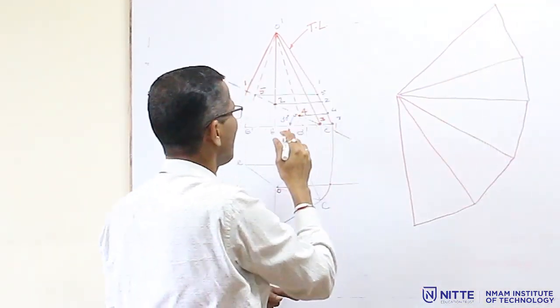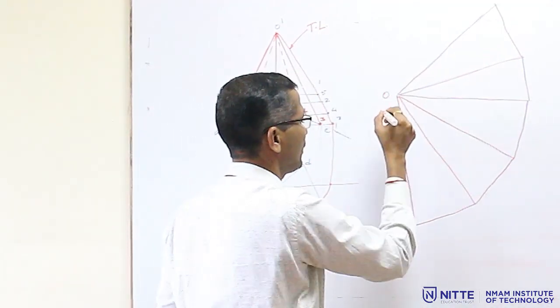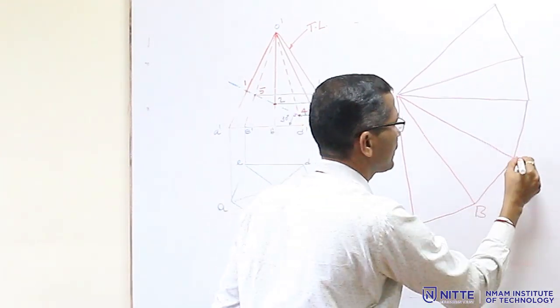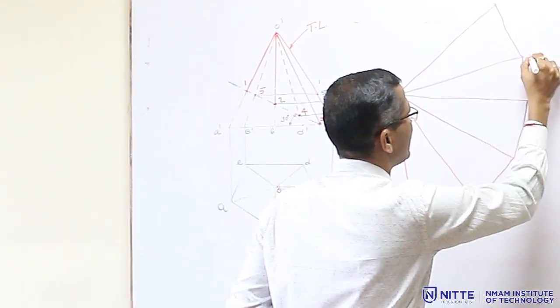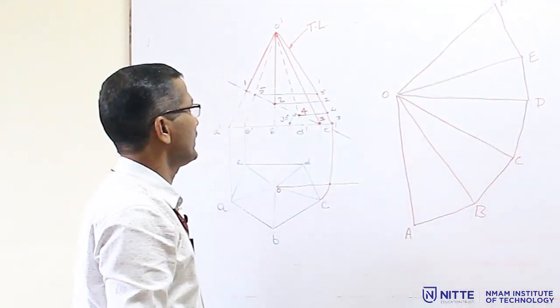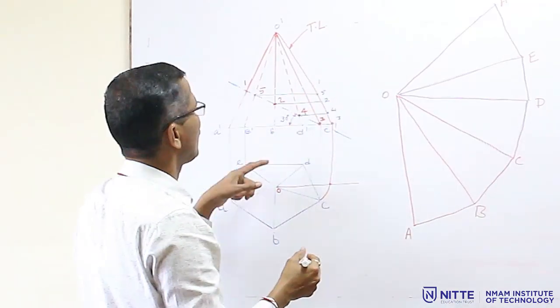Actually, it is the section one, so you have to mark the section points. For that marking, you have to give the names. This is A, B, C, D, E, and A. Now, section point 1 is on AO.